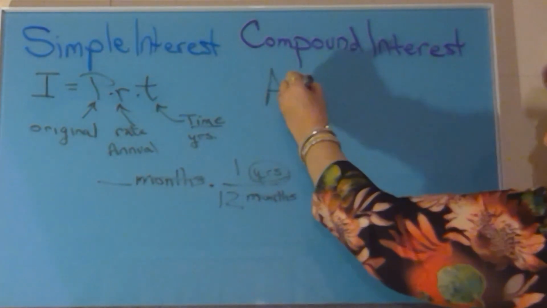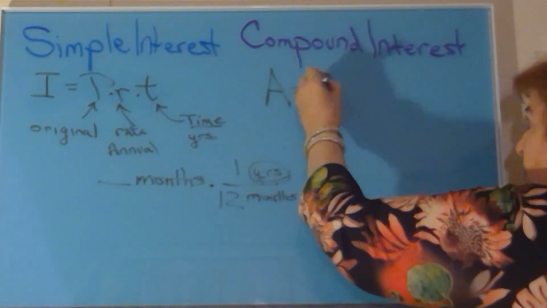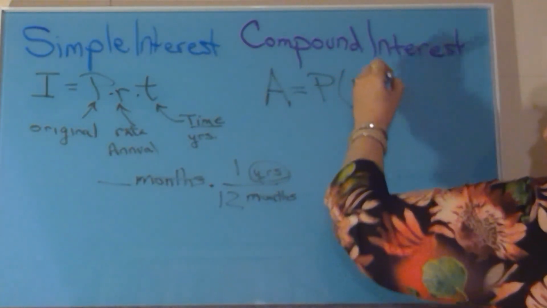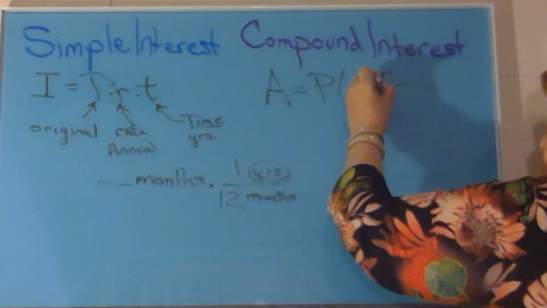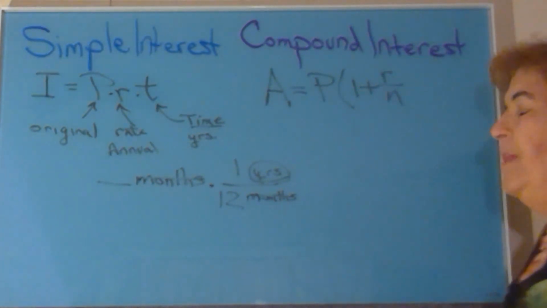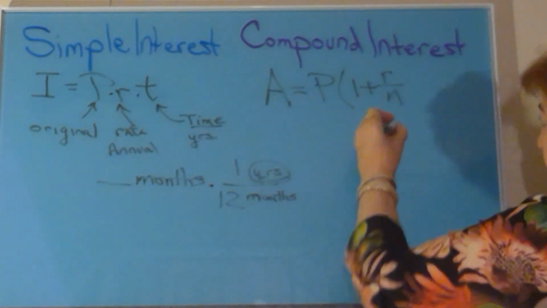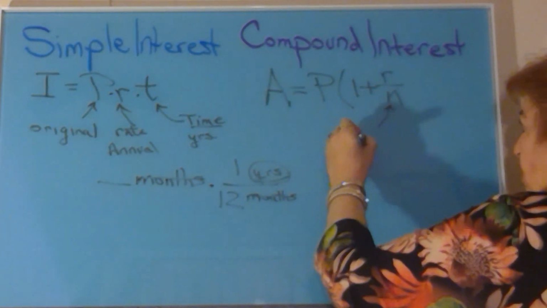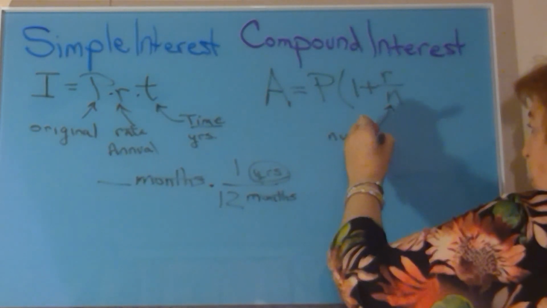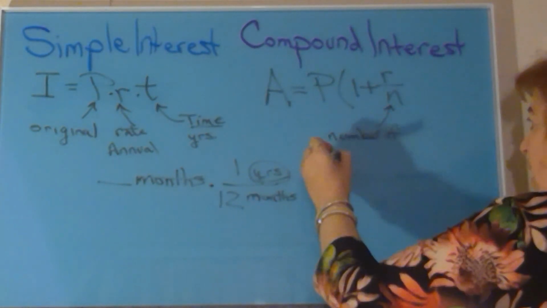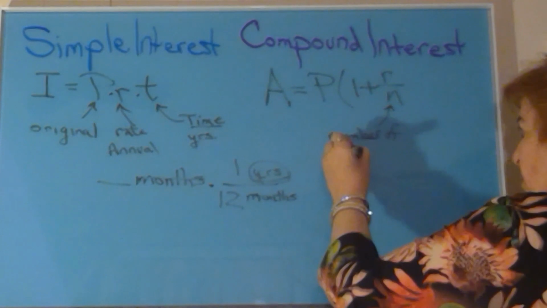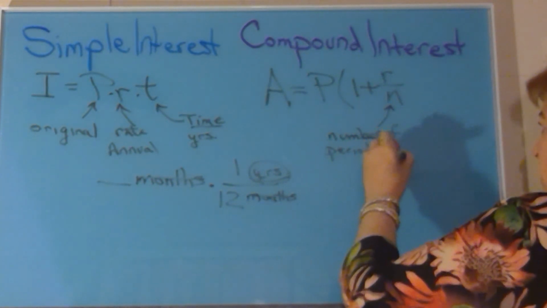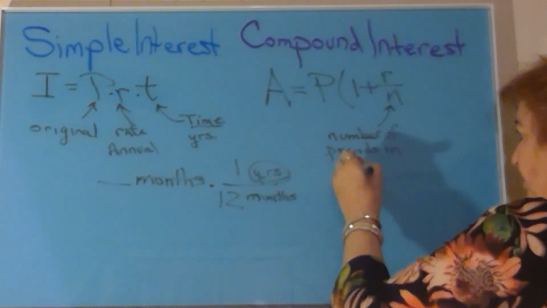And that is the principal times 1 plus R, still the interest rate, divided by N. And N is the number of interest periods in 1 year.